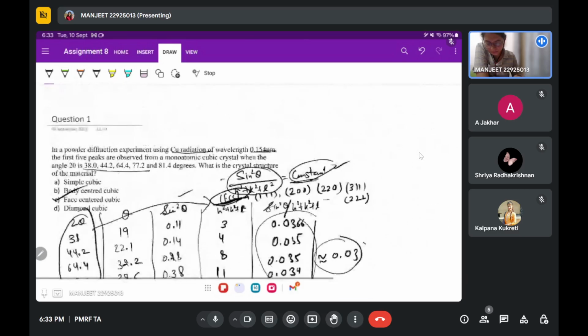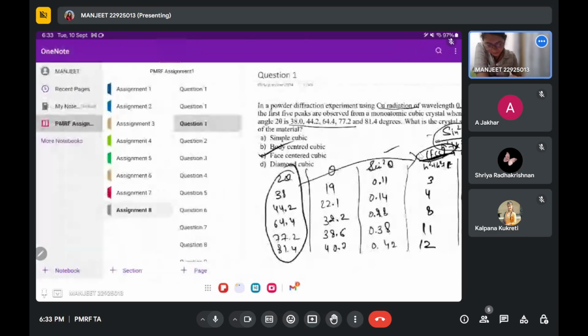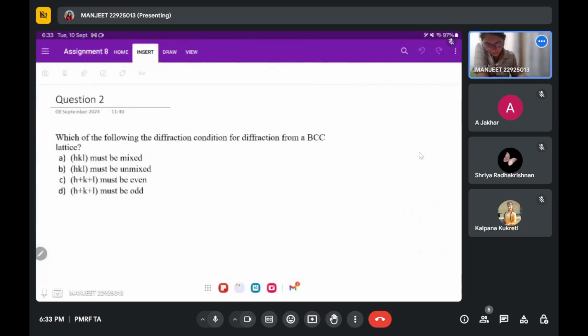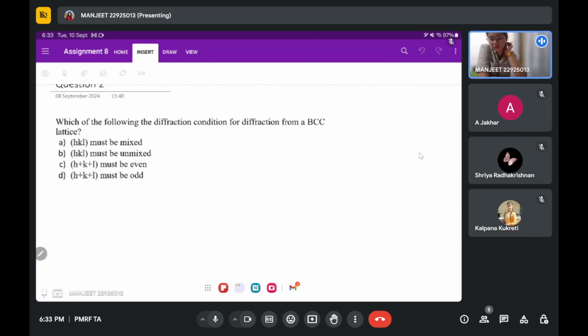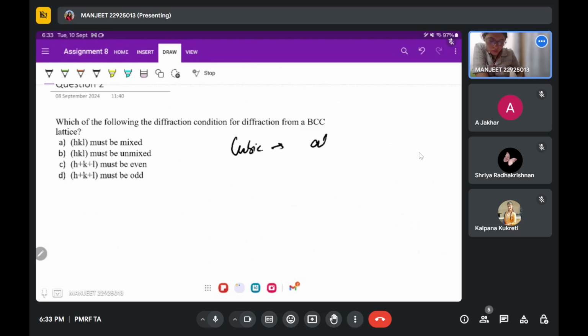Let's move to the next question. Which of the following is the diffraction condition for diffraction from a BCC lattice? I have already told you, for simple cubic, all HKL values are allowed. For the BCC, if H plus K plus L is even, then it is allowed.